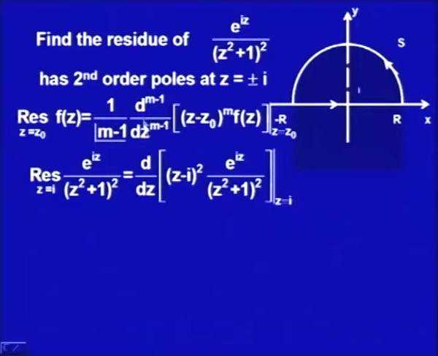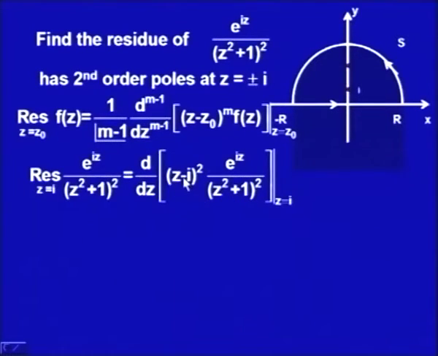So, I would get the first derivative, that is d by dz of z minus i whole square into the function e to the power i z upon z square plus 1 whole square. Now, this should be evaluated at z equal to i. This z square plus 1 we could write as z plus i into z minus i. So, I would get in the denominator here z minus i whole square into z plus i whole square.